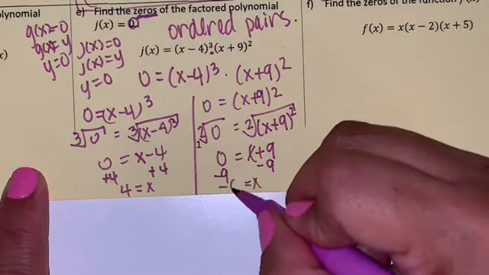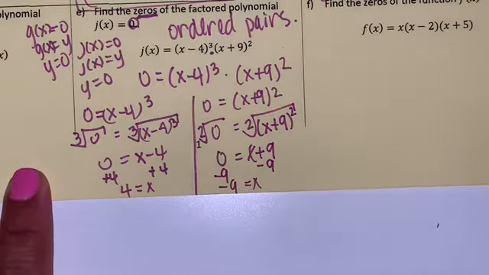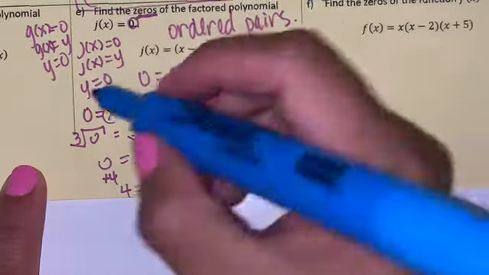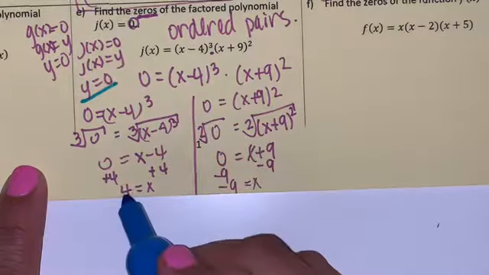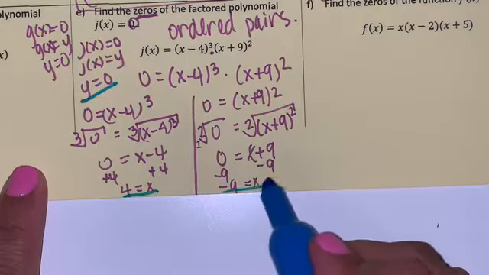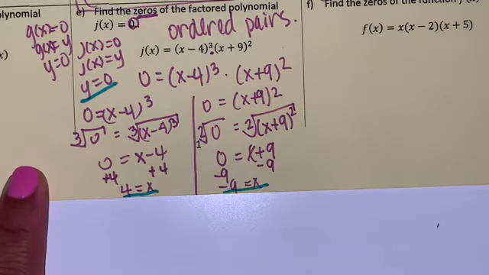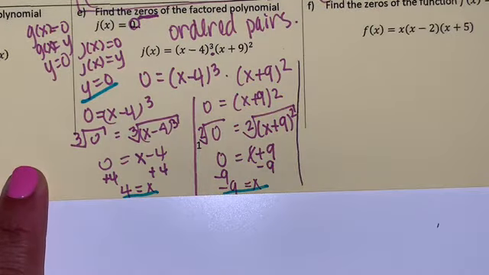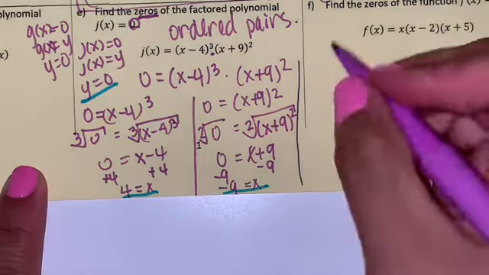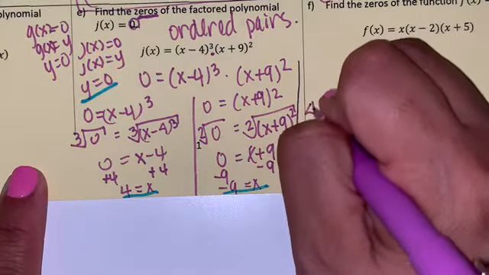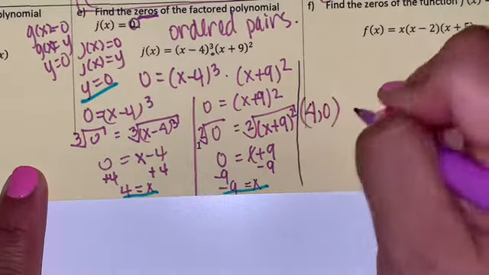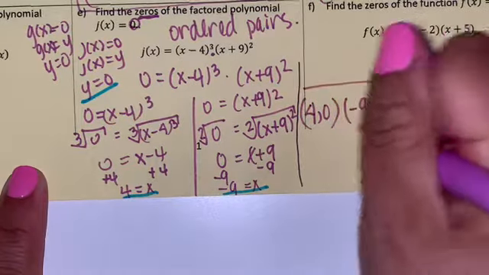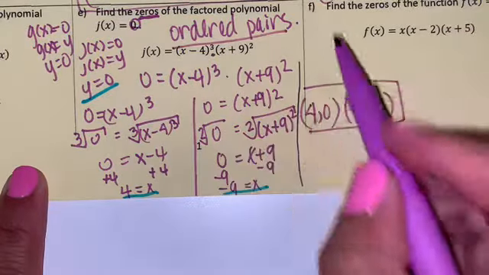X equals -9. So again, we said that we had y equals 0, x equals 4, and x equals -9. So here's your solution. Your solution is going to be 4, 0 and -9, 0, because we're looking for ordered pairs.